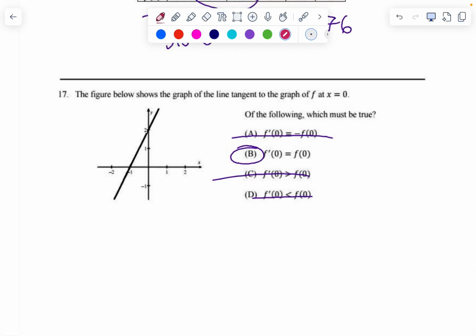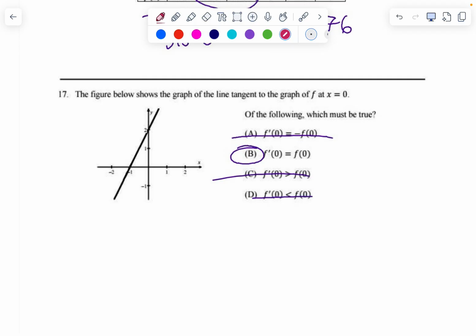All right, so I have this one already written on, but let's talk through it. The figure below shows the graph of the line tangent to the graph of f at x equals 0. Of the following, which must be true? So f prime of 0 equals negative f of 0.